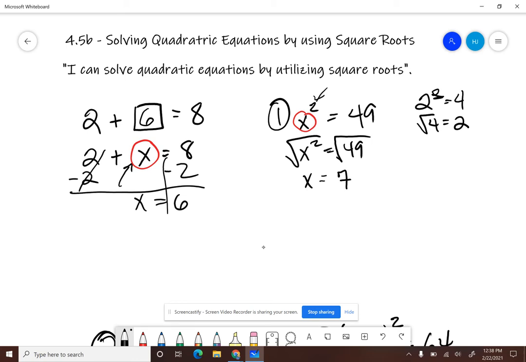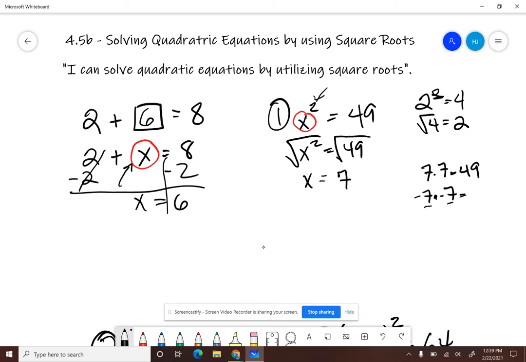I'm going to tell you that you're not incorrect, but you're incomplete. There is more than one number that will make 49 when multiplied times itself. Let me show you. If I take 7 times 7, it is in fact 49. What if I take negative 7 times negative 7? I'm looking for 2 of the same numbers that I can multiply together to get 49.